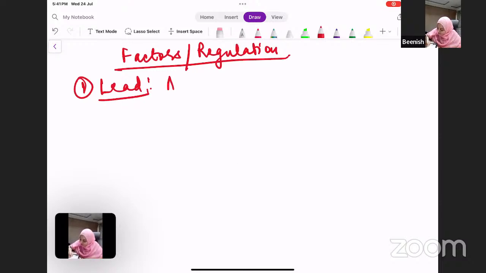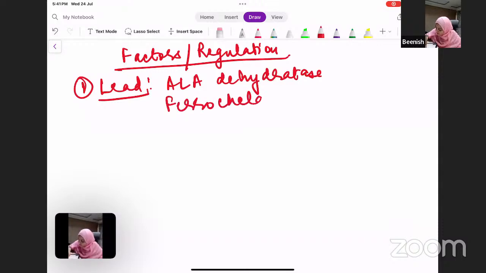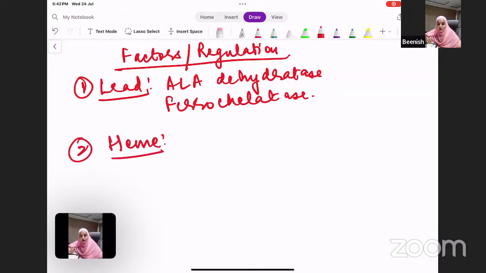The 2 enzymes that are affected are ALA dehydratase and ferrochelatase. These are the 2 enzymes, ALA dehydratase and ferrochelatase. And your heme was also involved in regulation. Your heme was regulating which enzyme? It was regulating ALA synthase.